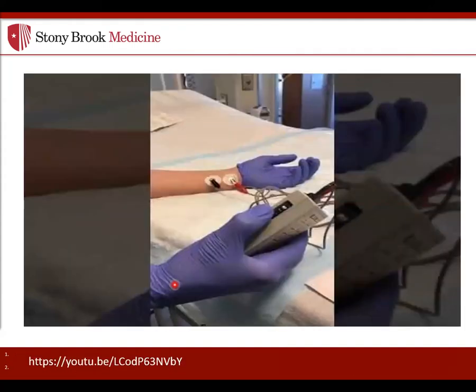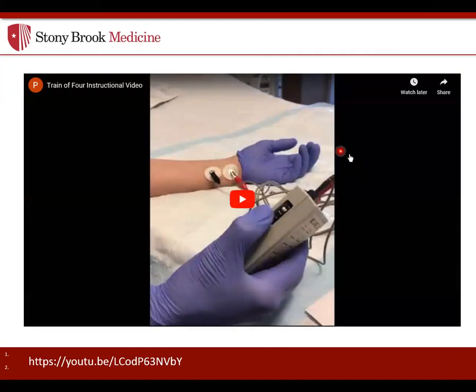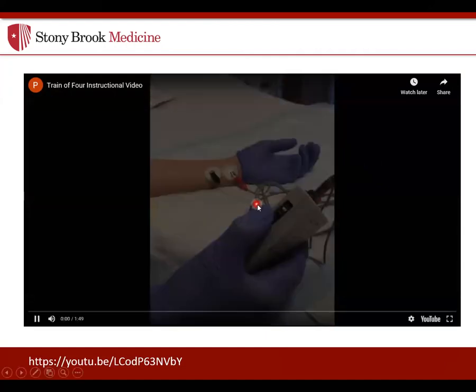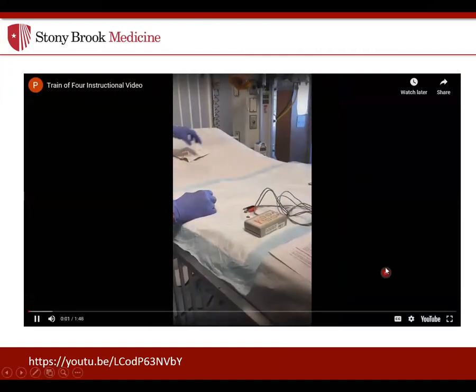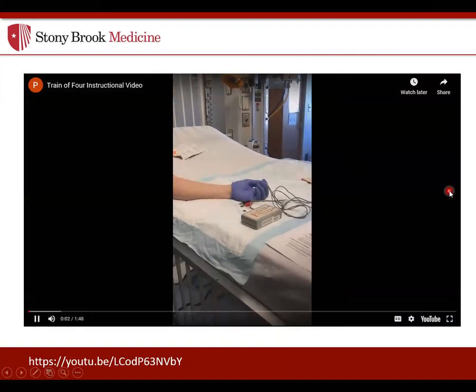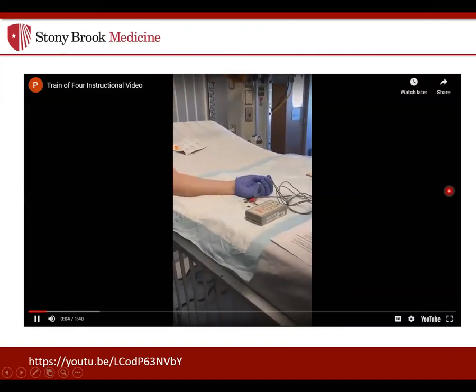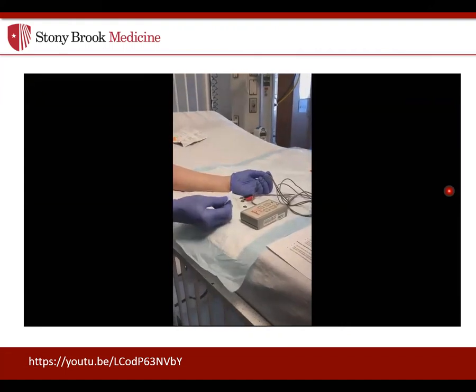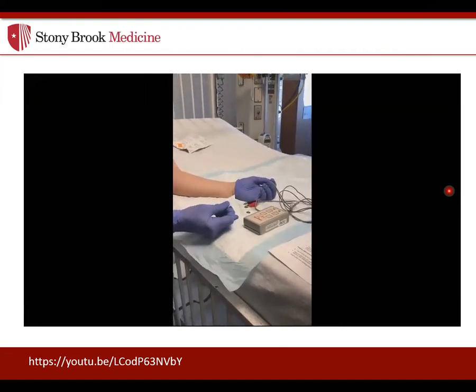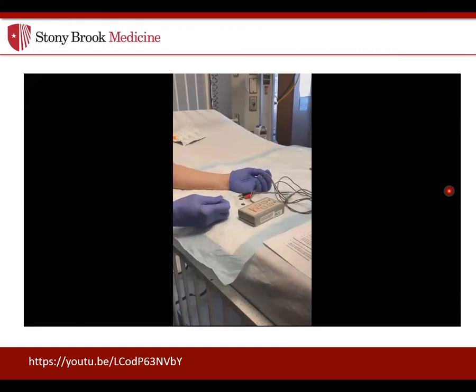So I do have a short video here for you, just demonstrating the train of 4. It's really difficult to hear, so I'll do my best to summarize what they're doing as they're going through this video. They're just performing the train of 4 on someone who is obviously not paralyzed. Essentially, they are just attaching the electrodes to the ulnar nerves.